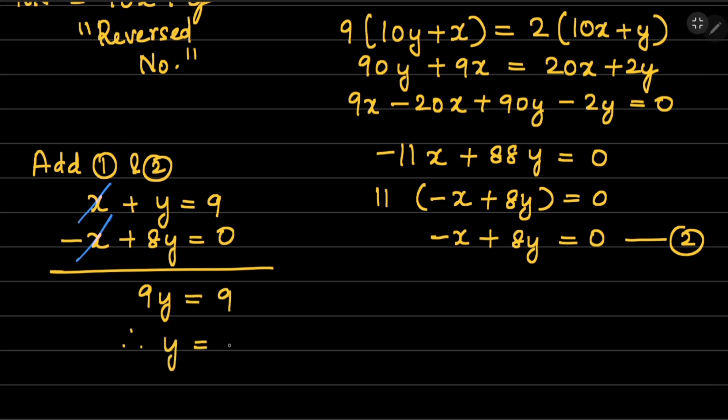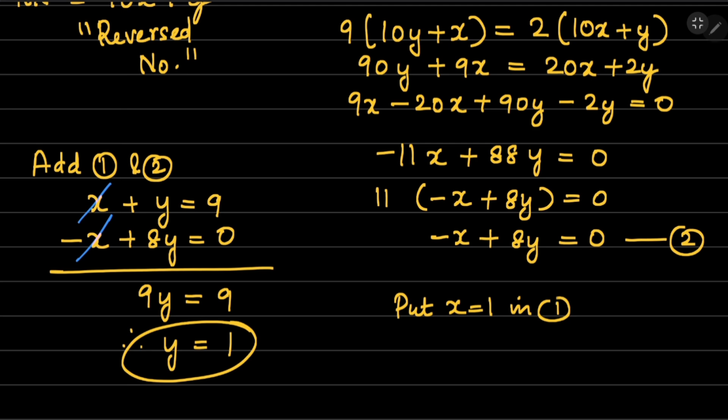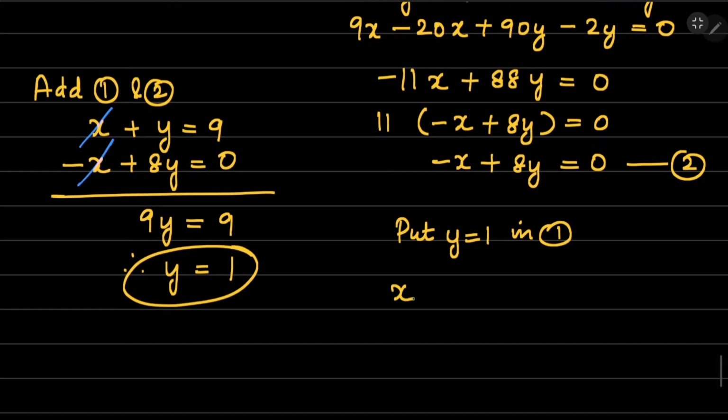Therefore, y is equal to 1. Put y equal to 1 in equation 1. So you will have x plus 1 equal to 9. In place of y, I have put 1. So x is equal to 8.